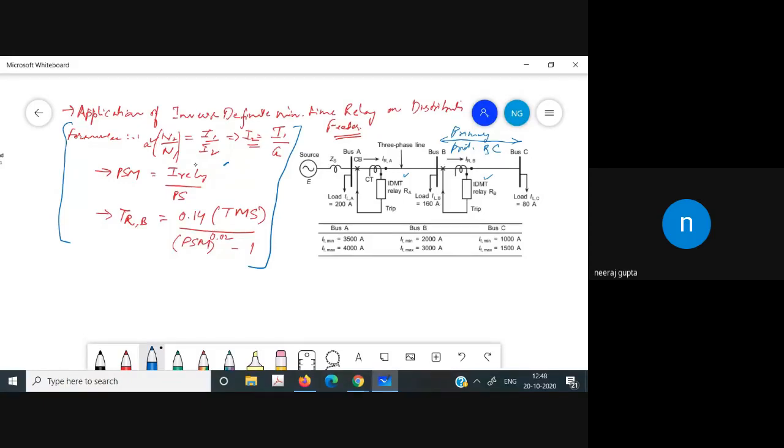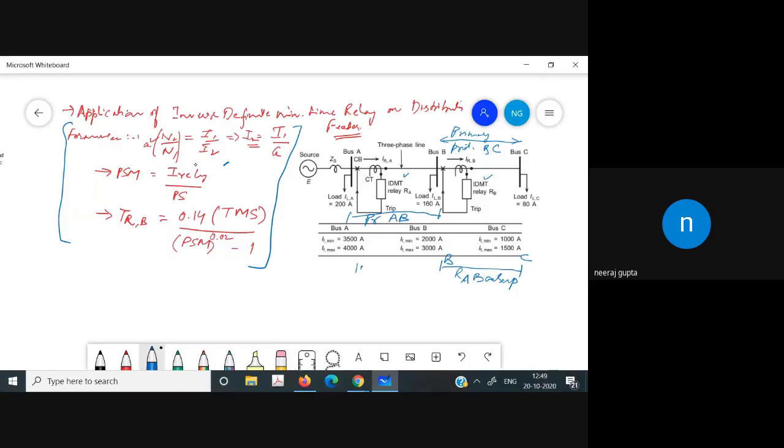And relay A, as we have discussed in the previous case, will provide the primary protection to section AB, and it will provide the backup protection to this section also, that is B and C. So this problem we have to discuss in relation to the definite minimum time relay.